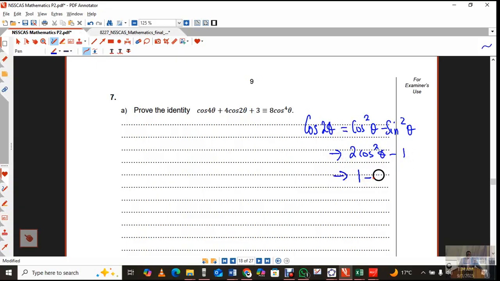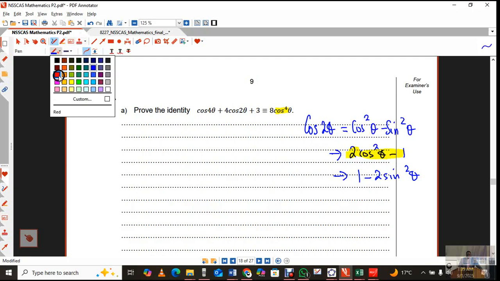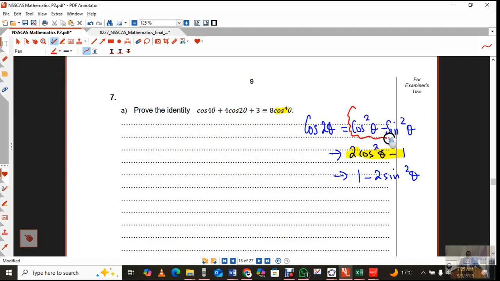This is also 1 minus 2 sine square theta. Now, for my identity, I'm going to use this one because it's supposed to be in terms of cosine. Those are the 3 that you can use for the double angle cosine, but that one is the obvious one.